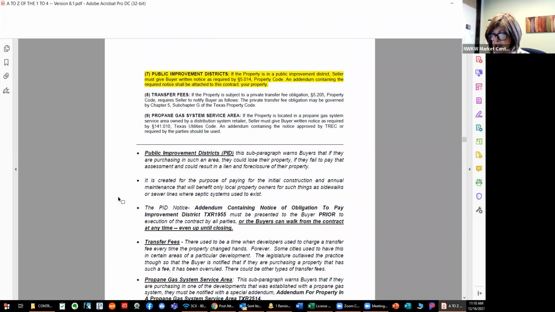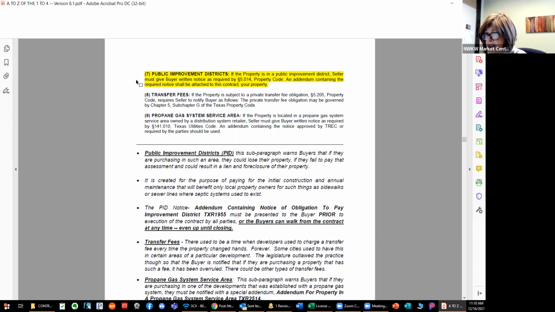Public improvement districts. This is something new that just came out a couple months ago. They're called PIDs, and it's if the property is in a public improvement district, and there's not that many that are in PIDs, but there are some. Seller must give buyer written notice as required in the property code.